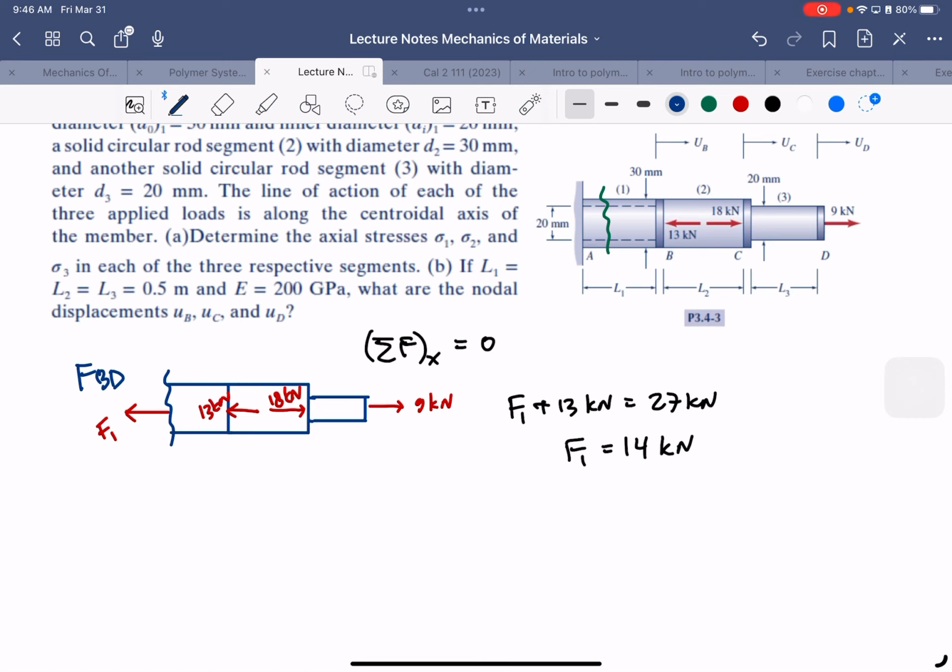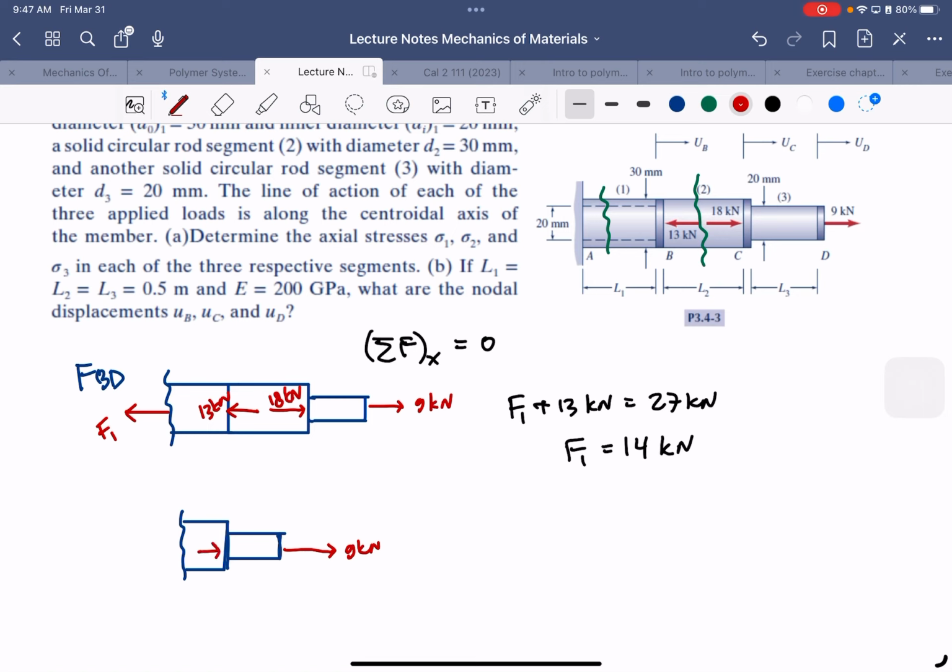Move to the second one. The second one is here. This is 9 kilonewton.